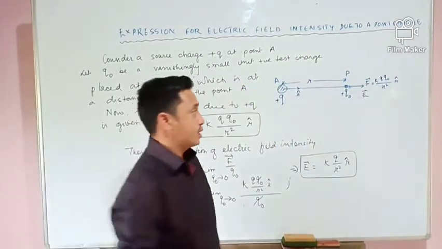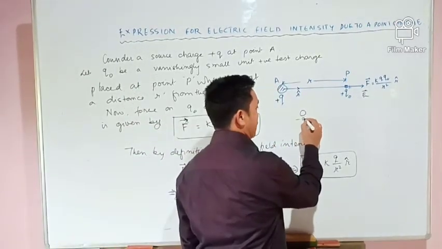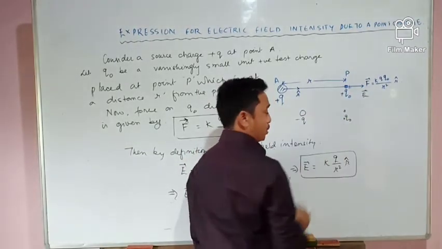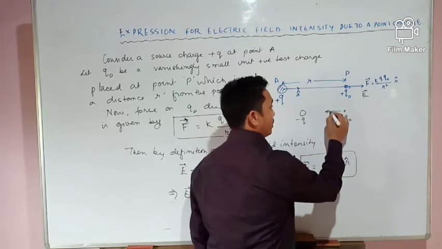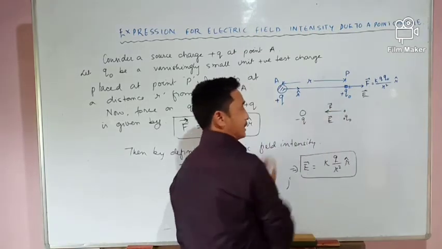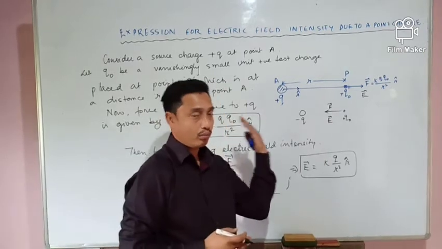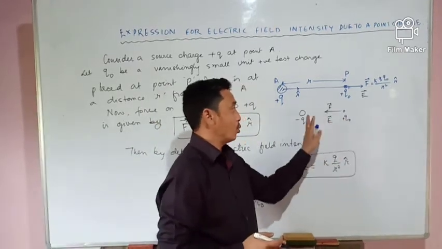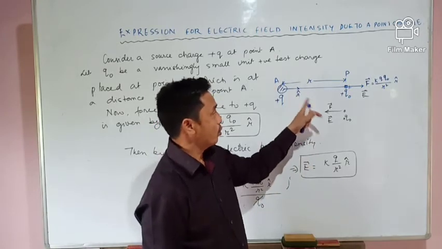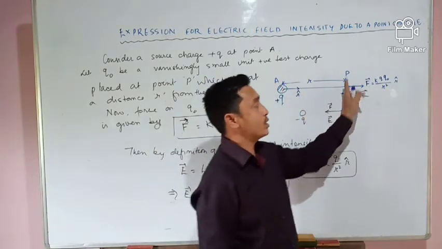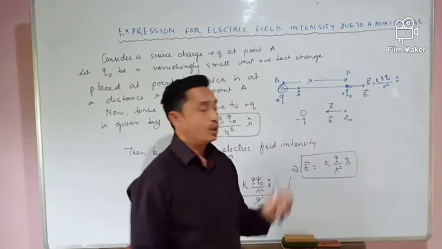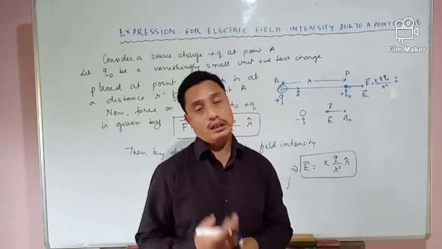Suppose I take a negative charge minus Q here, then Q naught, which is positive, will experience a force in the reverse direction, towards the negative charge. So the electric field is always away from a positive charge and always towards a negative charge.